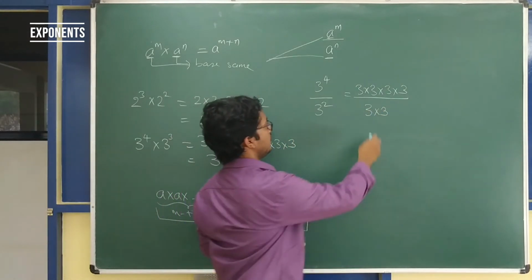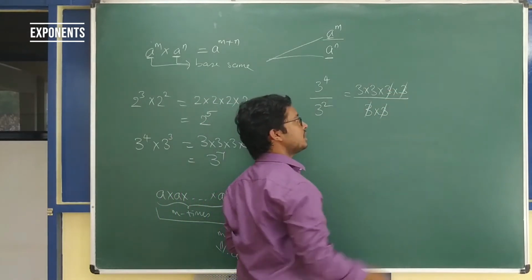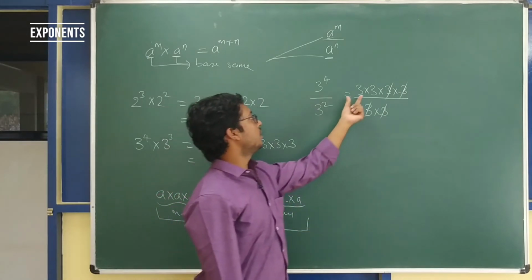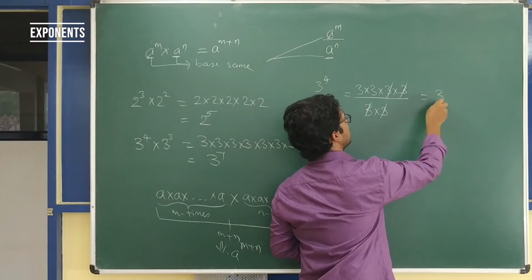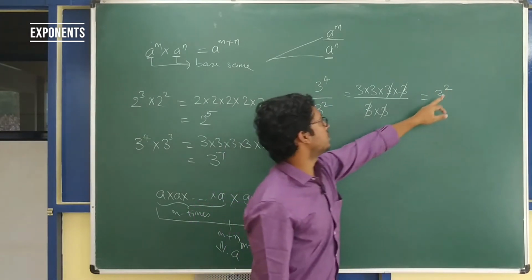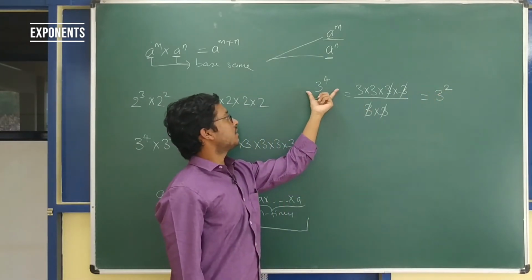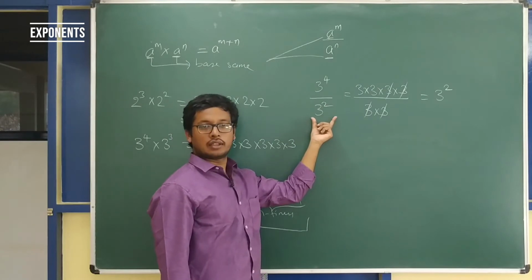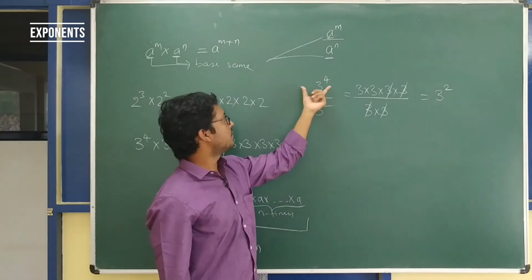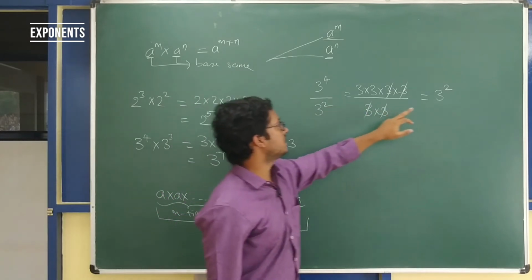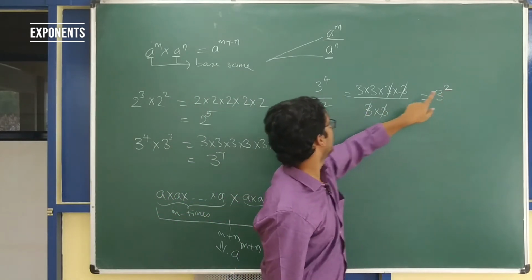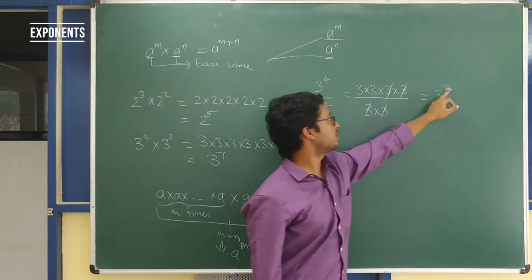Now these two 3's and these two 3's get cancelled. So 2 3's remain, and this becomes 3 raised to 2. Now what is this 2? Here there were 4 3's, here there were 2 3's, and out of these 4, 2 got cancelled, so 2 3's remain. Essentially this 2 is 4 minus 2.